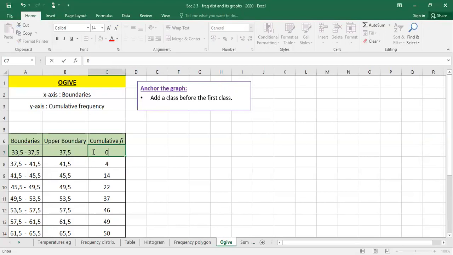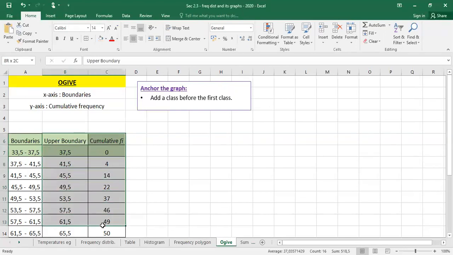Notice this extra class that we've added in, its upper boundary happens to be the lower boundary of your very first class. We want to include all this data with this extra class so that we're able to anchor our graph.